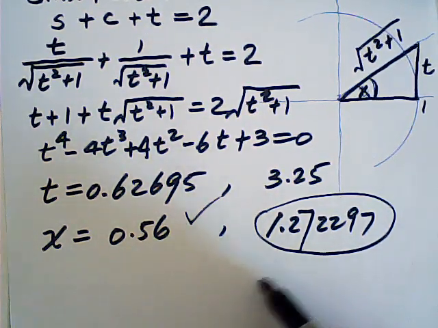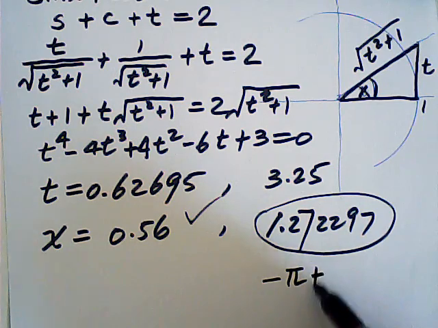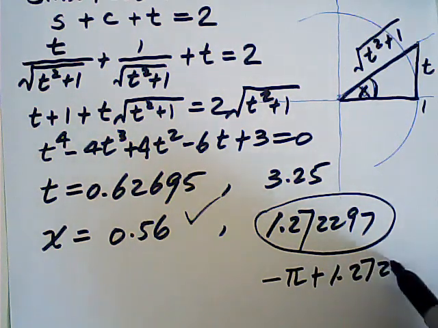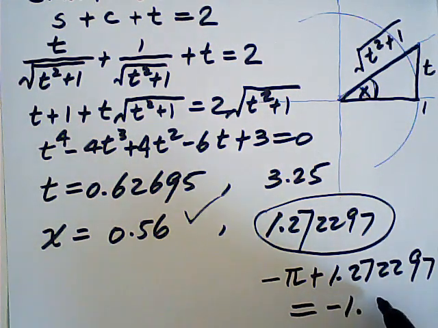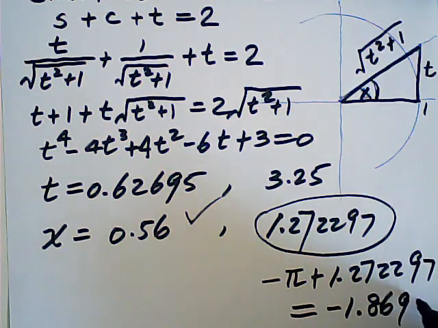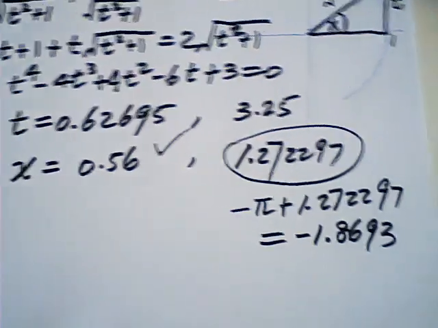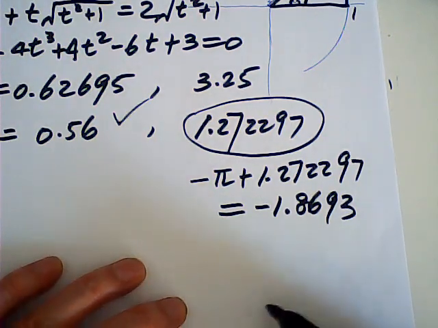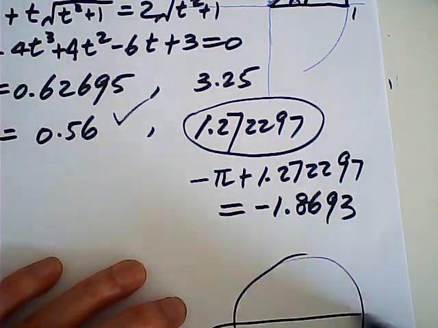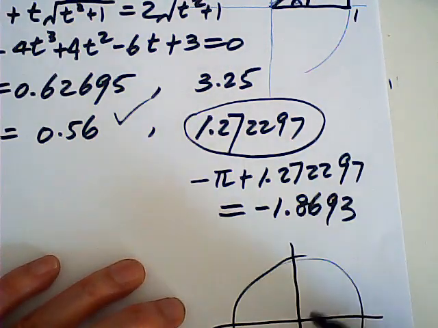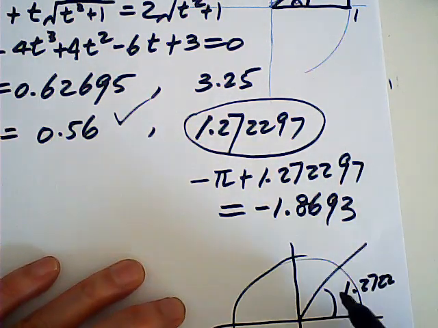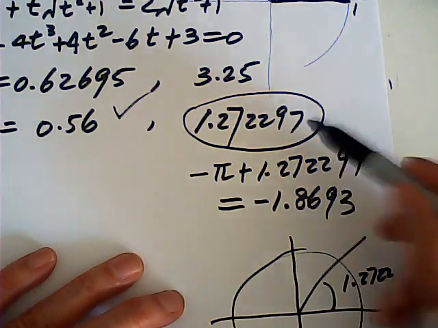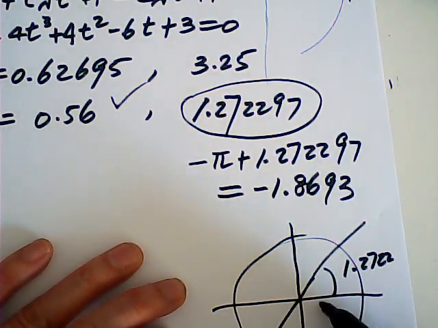Therefore, this x is equivalent to minus pi plus 0.272297, which is equal to negative 1.8693. All right. Well, let me draw this one. This angle is at 1.2722 something, but the angle with equivalent tangent will be this angle, right?